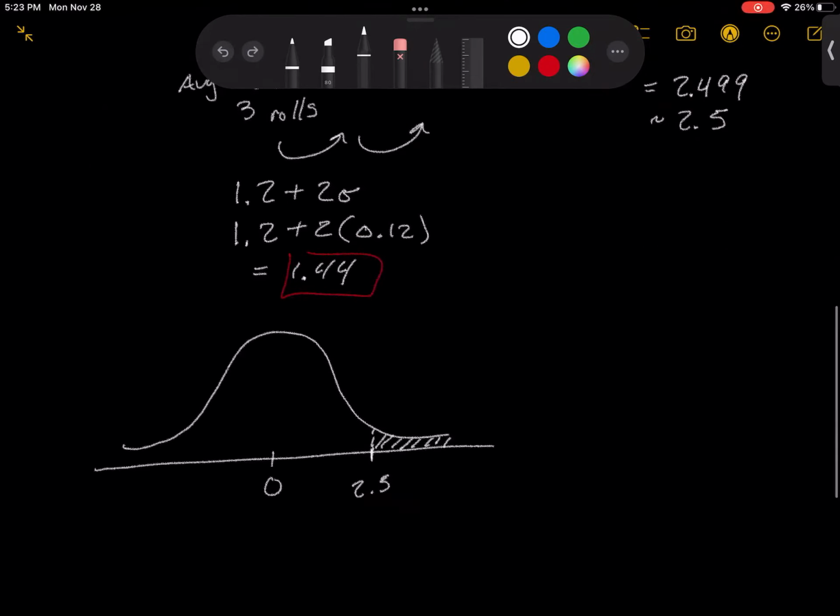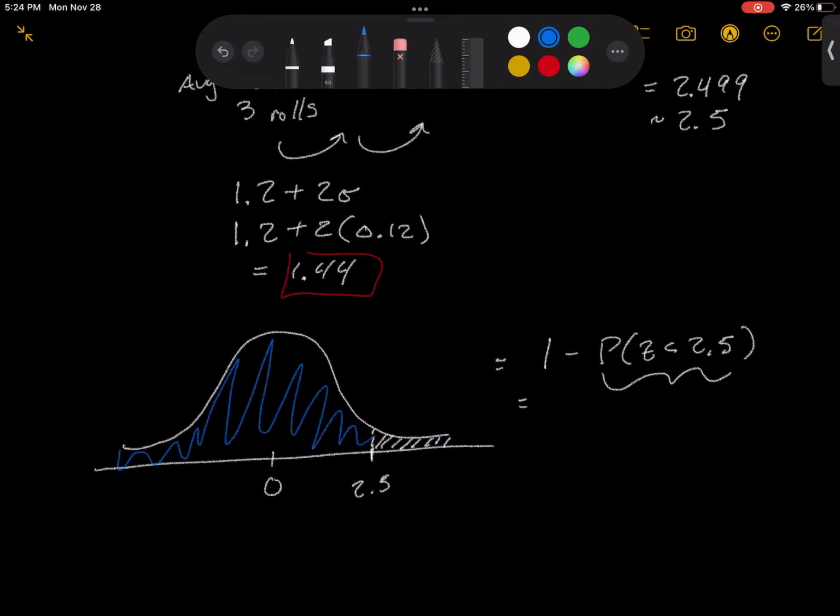And I can get to this area by taking 1 minus the probability of having a z-score up to positive 2.5. And I do that because this is on my table, right? My table has areas to the left of positive z-scores. So if I take the area underneath everything and subtract off the area up to 2.5, I should just be left with the area in that tail.